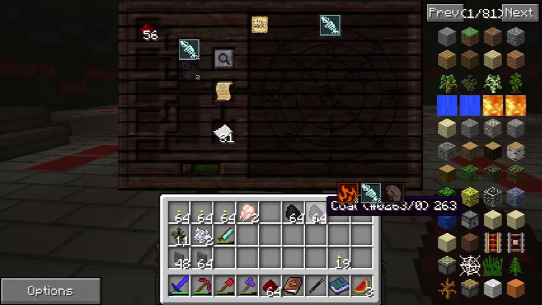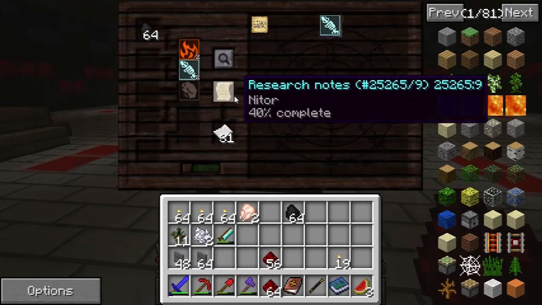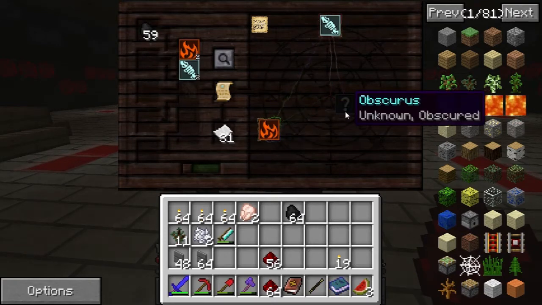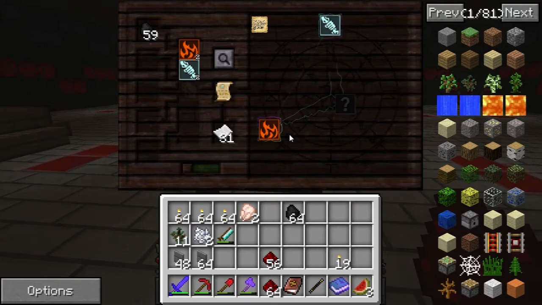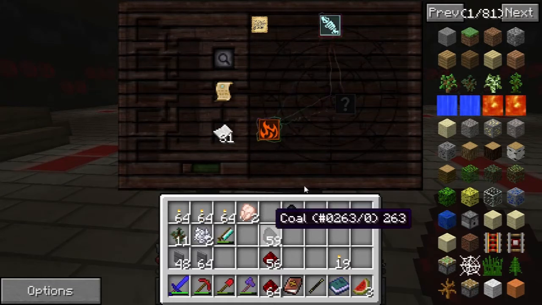Okay, so that's full. Let's throw some of this in here. Okay, there we go. I'm researching Nitor. Perfect. Okay, so just keep researching. That's 100% complete. Obscurus. I don't know what the last one is.